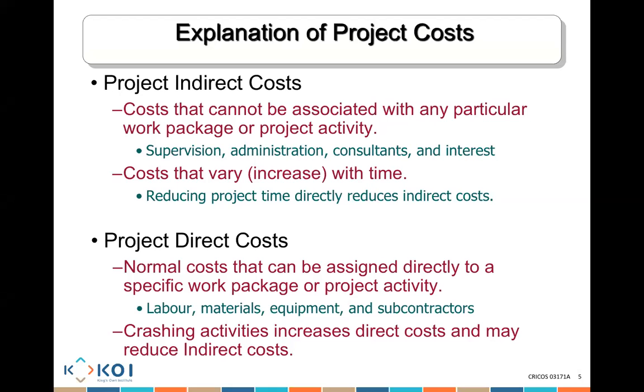So the cost that I'm paying to work on that activity quicker is going to cost me more. But it will potentially reduce my indirect cost because the project is finishing quicker. All of these costs, such as supervision, administration, consultancy, will be reduced if my project finishes earlier.